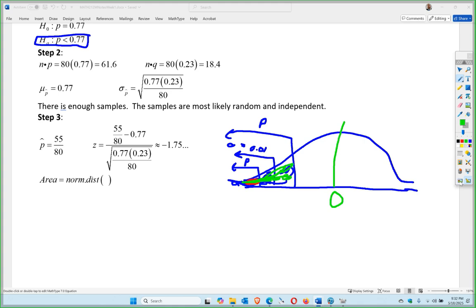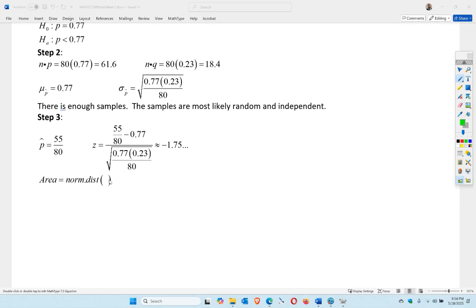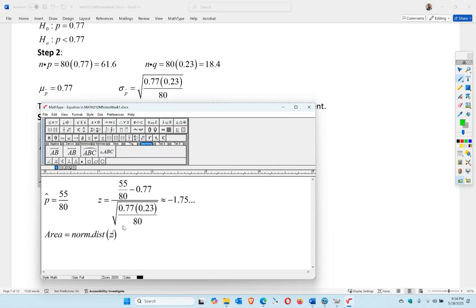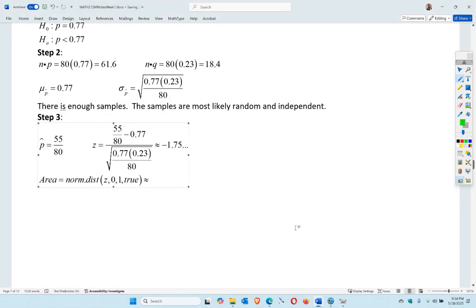Okay. So the thing is, when you do this, the normal distribution function does all the area left to right. Okay? So what we want to do is z, comma 0, comma 1, comma true, which means to add up continuously. You're adding up all the area left to right.